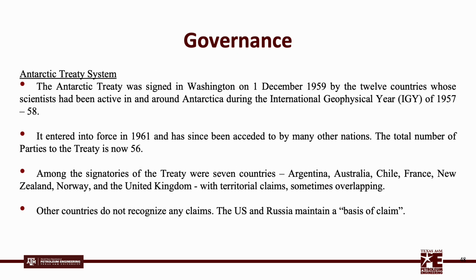The Antarctic Treaty was signed in Washington on the 1st of December 1959. It entered into force in 1961. The US and Russia maintain a basis of claim in regard to territories.